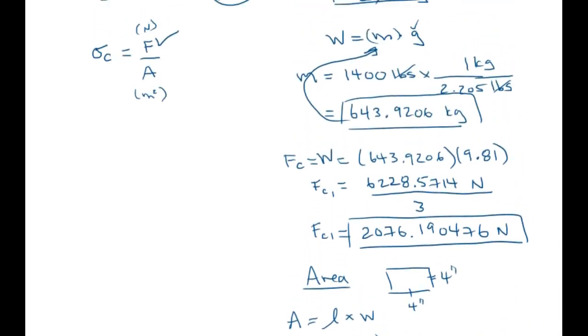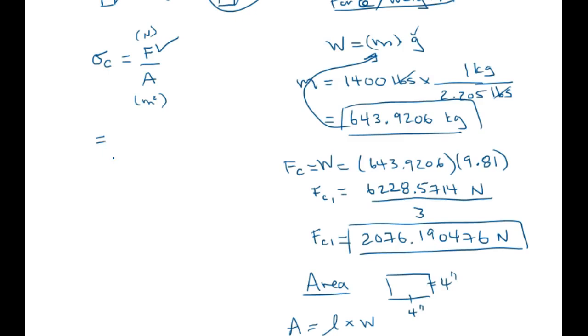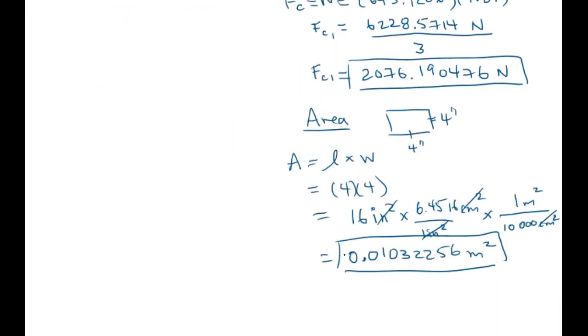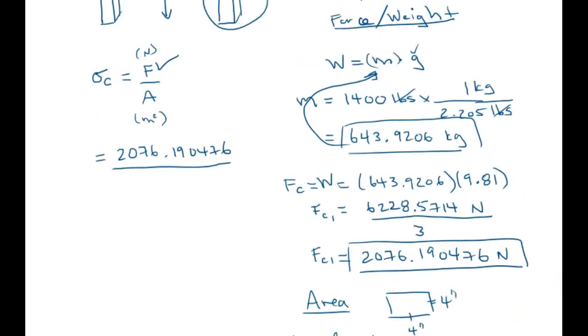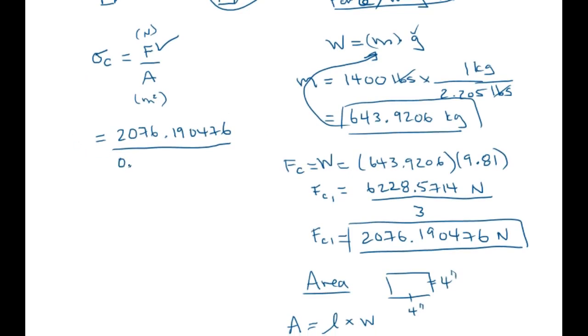So we can plug into our stress formula to find out what our value is going to be. So our force is 2,076.190476 newtons, divided by our surface area of one of our columns, which is given by that value, 0.01032256.